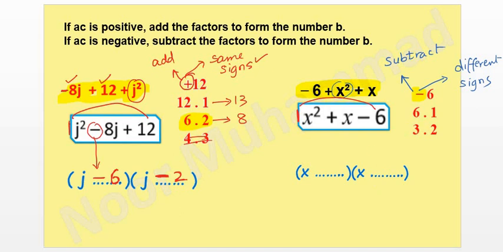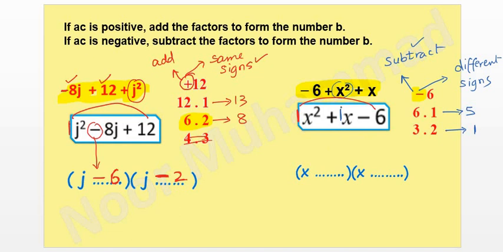Now which pair do we need? 6 minus 1 will be 5. Why are we subtracting them? Because whenever AC is negative, we have to subtract. 3 minus 2 is 1. Because these are the values of b, I will check b here, it's 1.